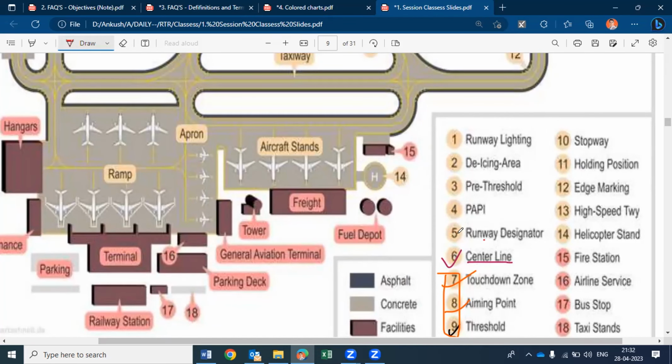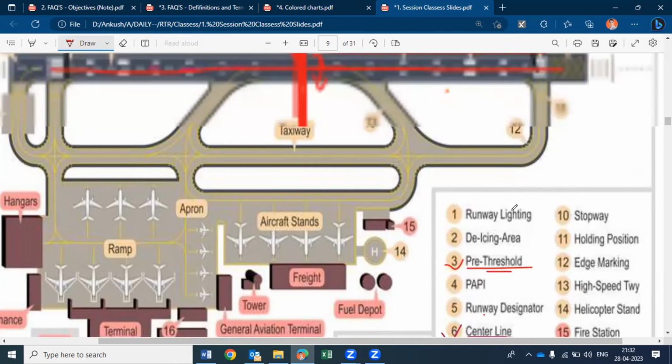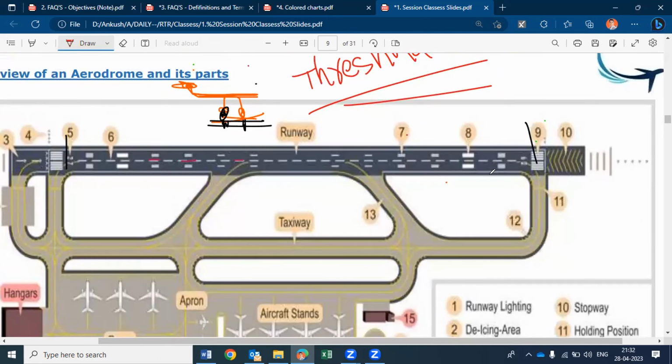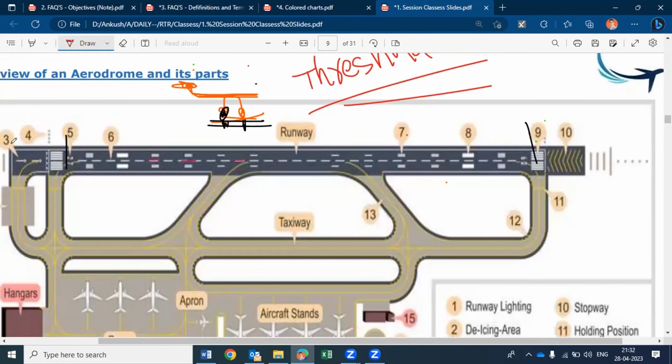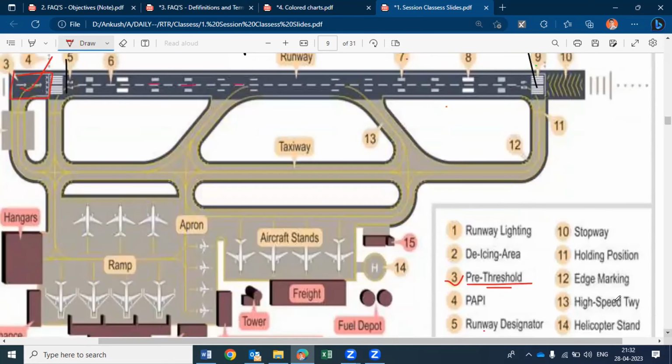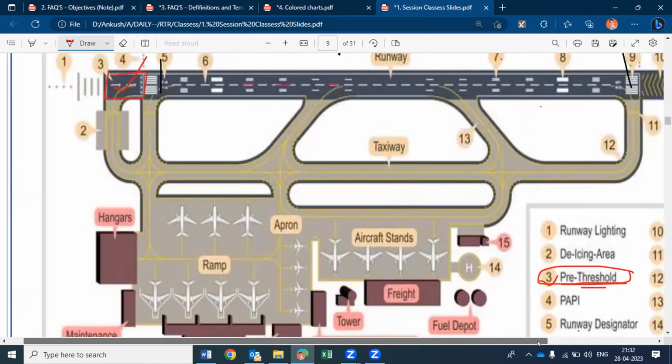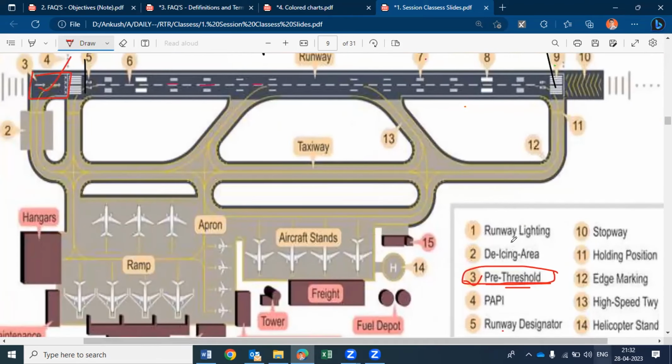Yes, sir. Then you are also seeing a point, pre-threshold, right? This is pre-threshold, threshold से पहले। ठीक है, by its name this is pre-threshold, लेकिन इसका यूज आपको नहीं आएगा कभी, don't worry। In the real-time apron you are not going to see any pre-threshold.